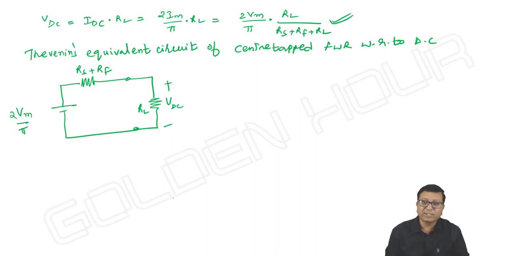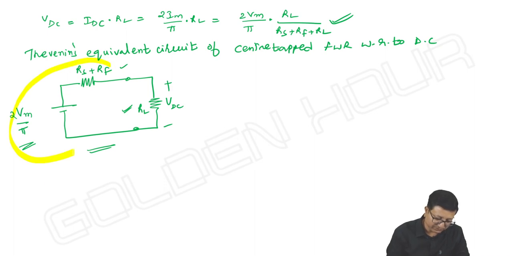See this. As long as this equation is true, this circuit is also true. VDC is equal to 2 Vm by pi into RL by Rs plus Rf plus RL, absolutely we are getting. So this is the Thevenin's equivalent circuit: the voltage source and the resistance looking into RL.